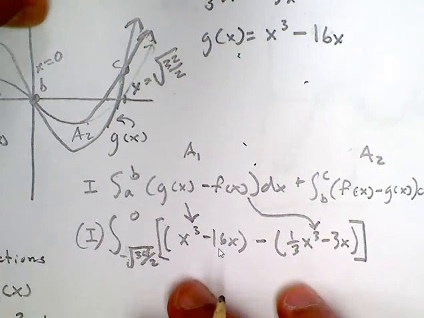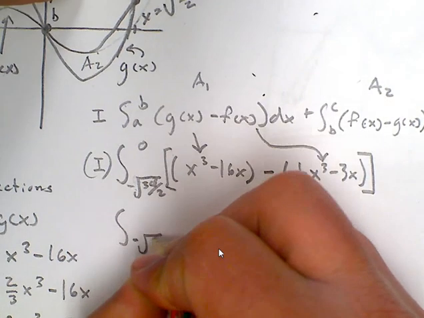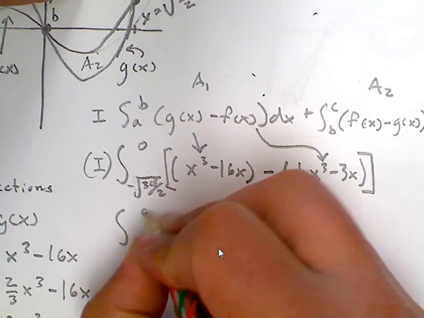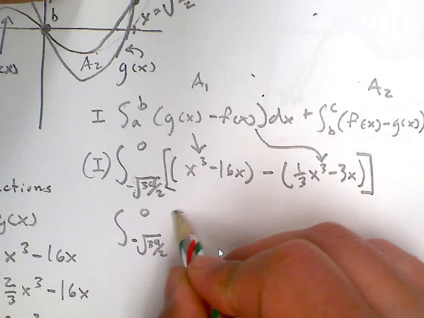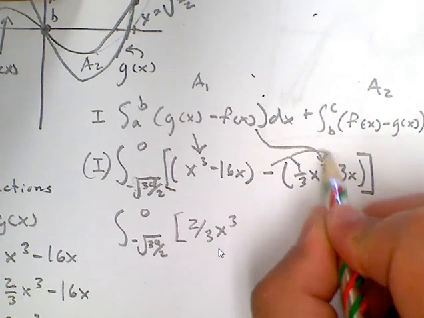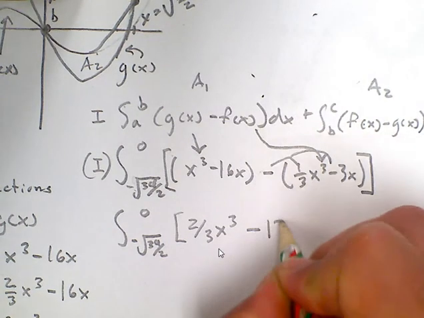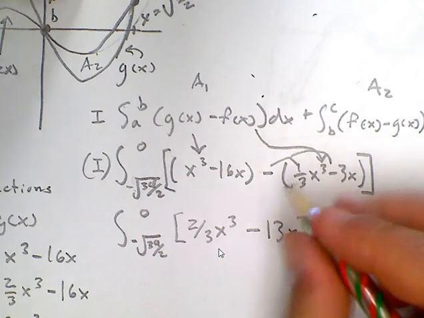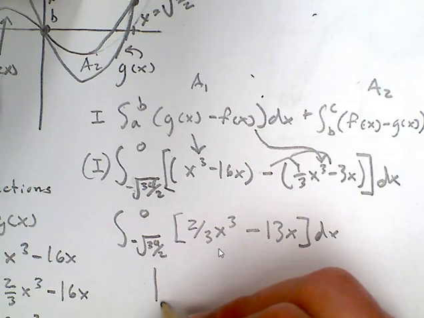Okay, so bring down my integral. So x cubed minus 1/3 x cubed is 2/3 x cubed, and there you go, and that becomes positive 3x, so minus 13x dx. I'm ready to integrate, so I bar it up.